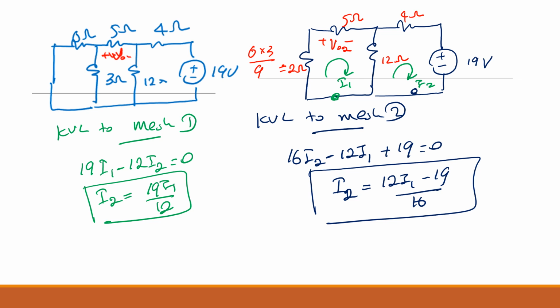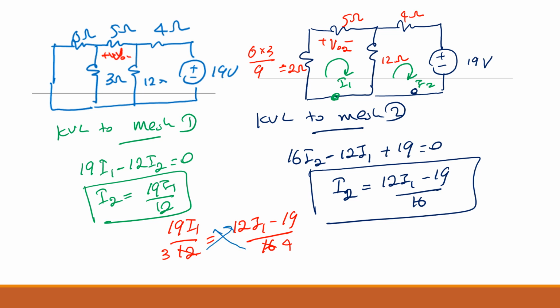Now I'm equating these two. So 19 I1 over 12 is equal to 12 I1 minus 19 over 16. 4 times 3, 4 times 4. So we can then cross multiply.